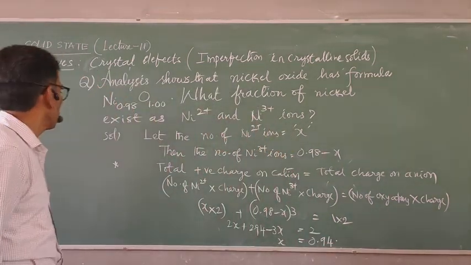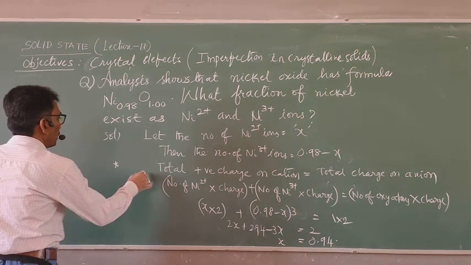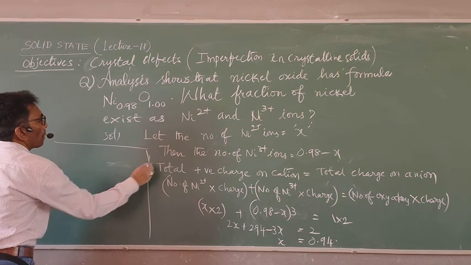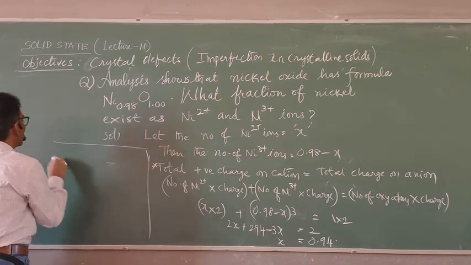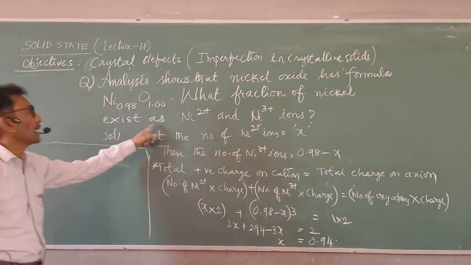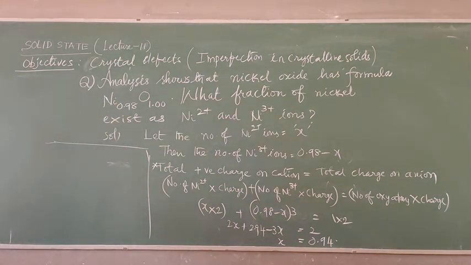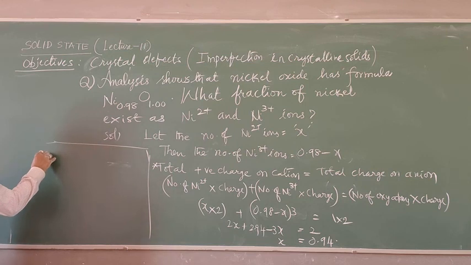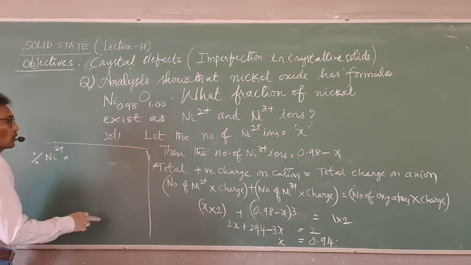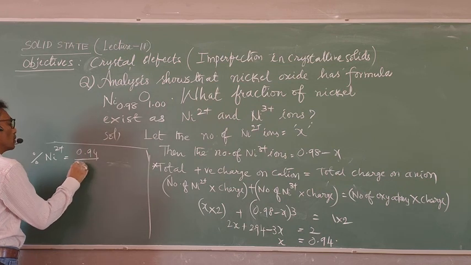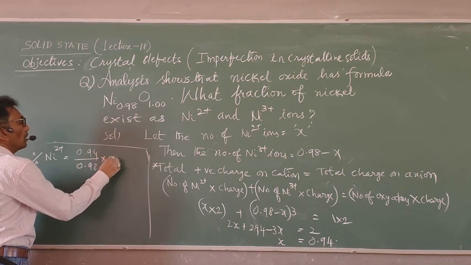After this, come to another part, that is the fraction of nickel 2+ ions and nickel 3+ ions. Percentage of nickel 2+ ions, how much? Nickel 2+ is x, 0.94 by total 0.98 into 100.